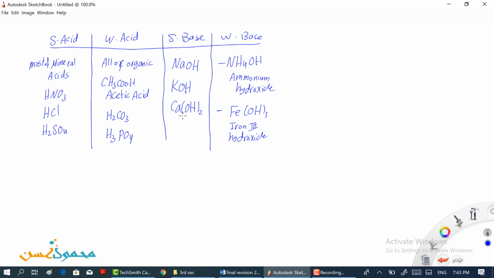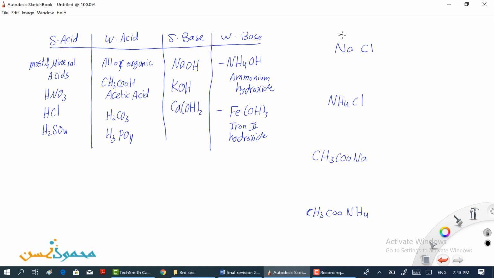And when we have salts like sodium chloride, ammonium chloride NH4Cl, sodium acetate CH3COONa, and ammonium acetate CH3COONH4, how can I determine whether the salt is acidic or basic?